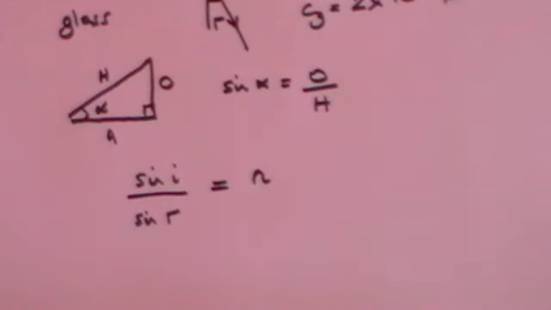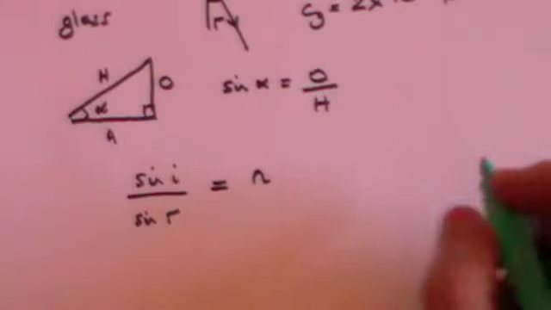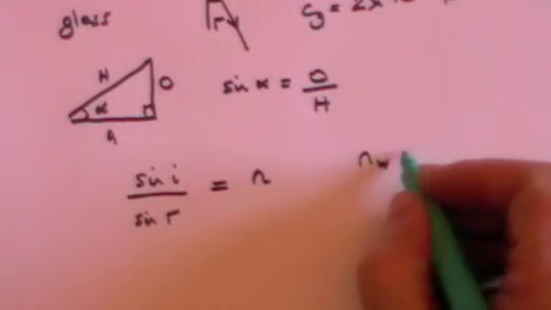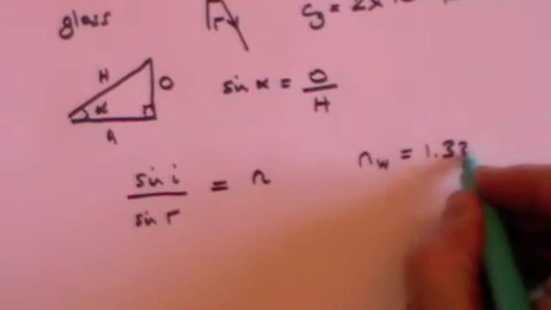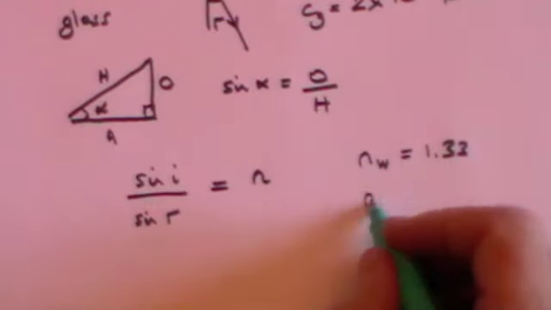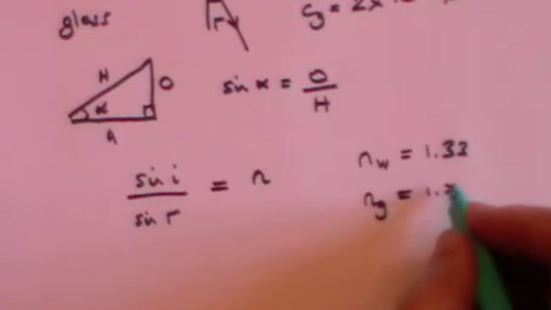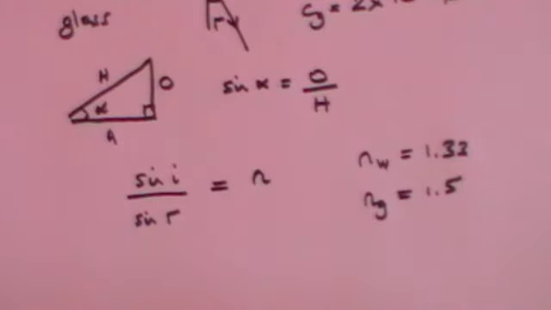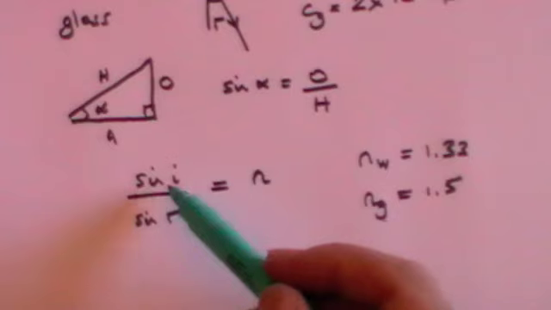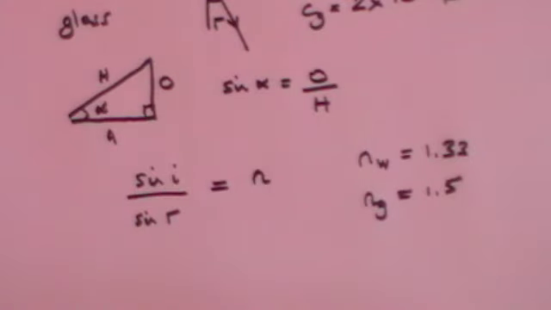So for any material there will be one refractive index. For example, the refractive index of water is 1.33. The refractive index of glass is 1.5. The refractive index is always common for a particular substance. And sine I divided by sine R is the refractive index.